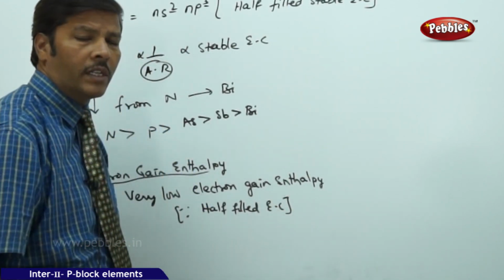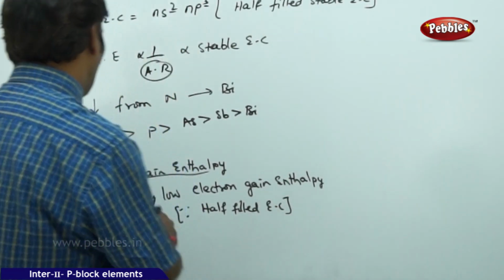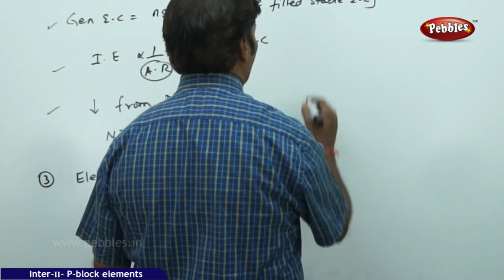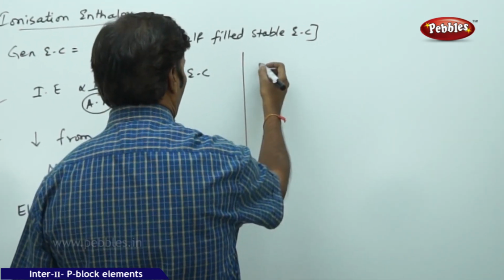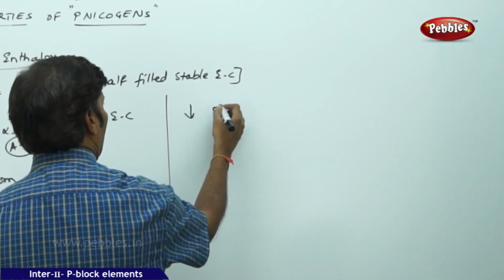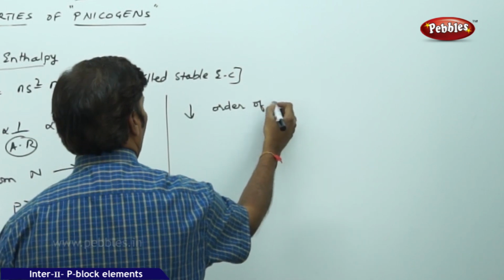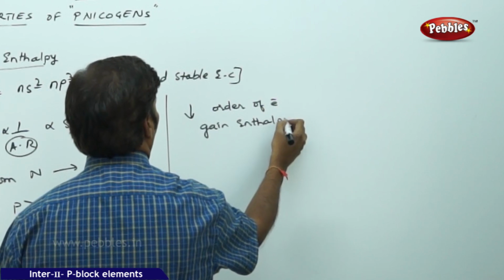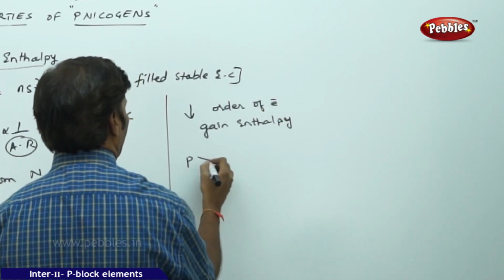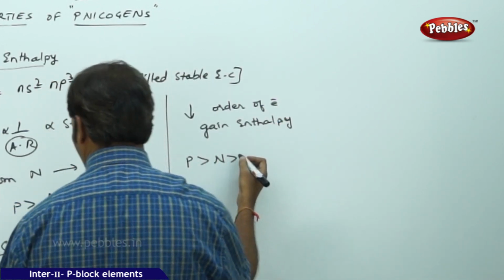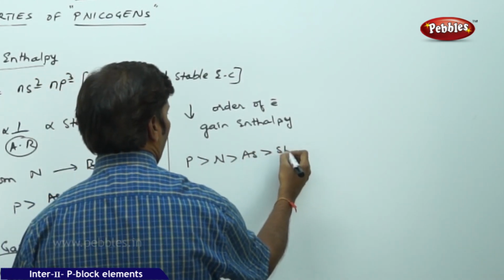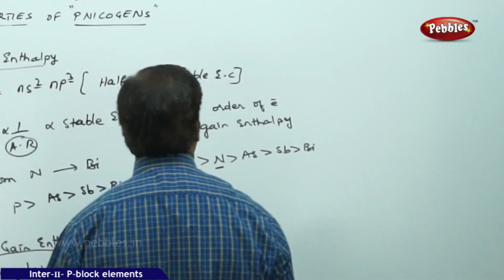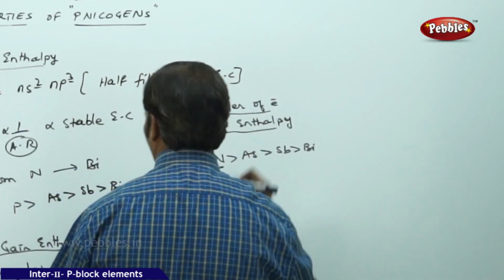Neither can they lose electrons, nor can they gain electrons. However, the decreasing order of electron gain enthalpy for the pnictogens is phosphorus greater than nitrogen, greater than arsenic, greater than antimony, greater than bismuth. That's because here there are less electron repulsions, and here more electron repulsions.